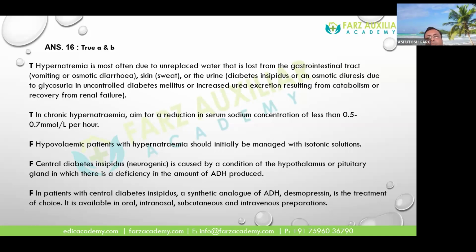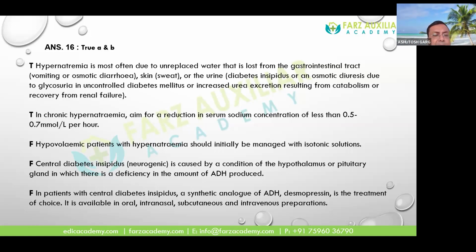Central DI is caused by a condition of the hypothalamus or pituitary gland, with deficiency or absence of ADH. In a patient with central DI, a synthetic analog of ADH like desmopressin is the treatment of choice. It is available in oral and intranasal forms. It is known as Minirin puff. So we use intranasal desmopressin for the DI patient, diabetes insipidus.